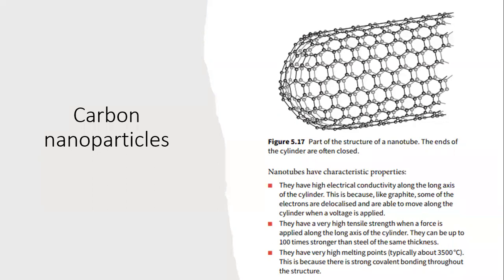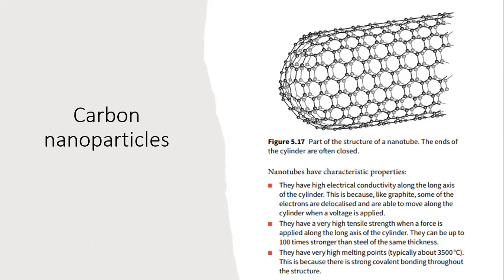They also have high tensile strength because of the many strong covalent bonds, and a very high melting point as well, because you only have covalent bonds and no intermolecular forces, so you need a lot of energy to break them. These are general properties that we have already discussed.